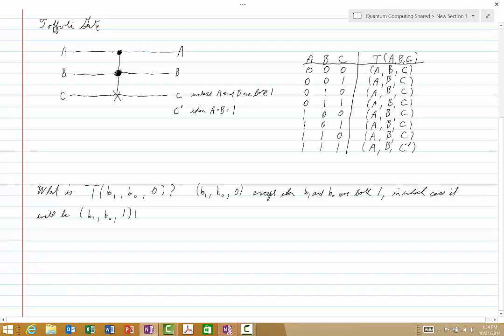Well, if you think about that for a moment, then that means that we could say T of B1, B0, 0 is equal to B1, B0, B1 ANDed with B0. Because B1 ANDed with B0 is always going to be 0, except when B1 and B0 are both 1, and in that case, it will be equal to 1.